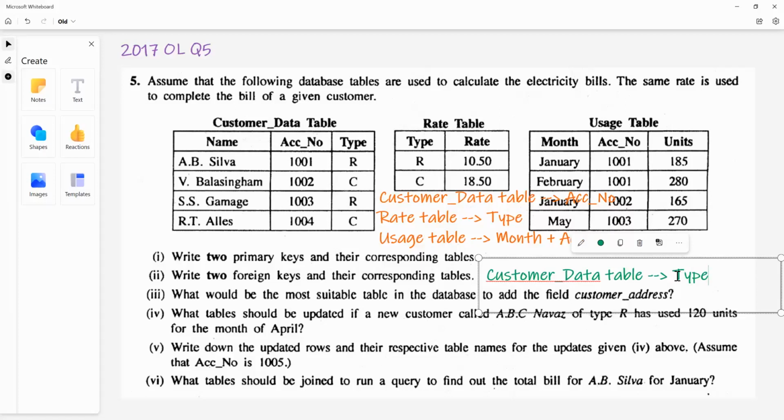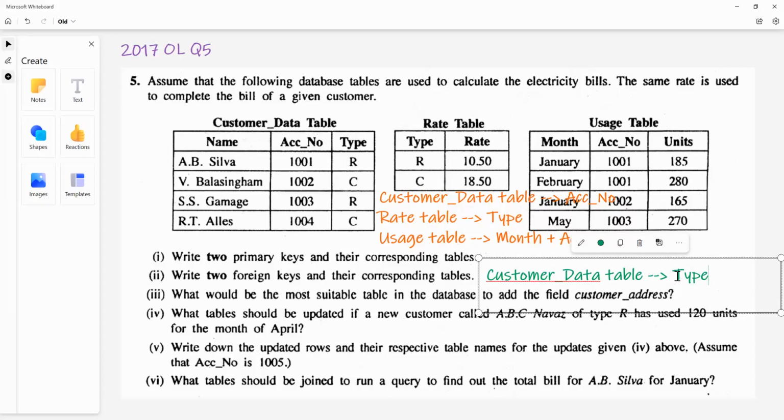So type. Then the rate table. Are there any foreign keys in the rate table? No? Yes, there are no foreign keys in the rate table.